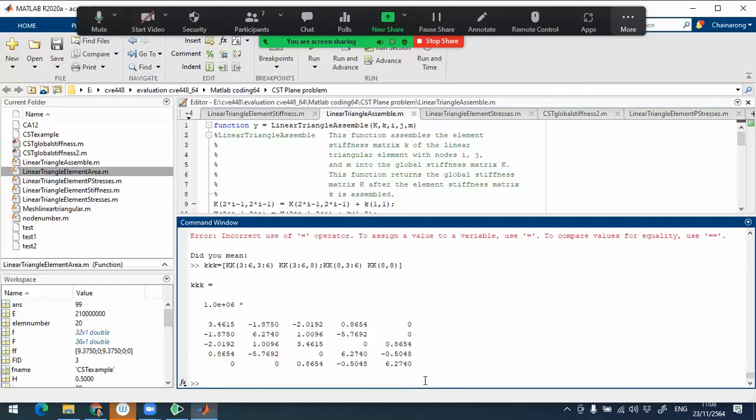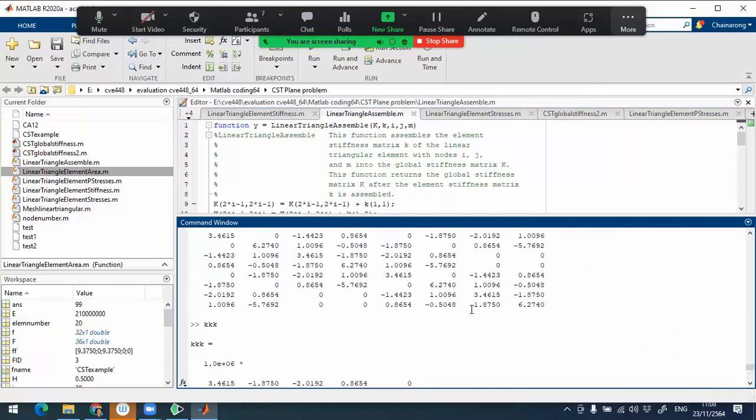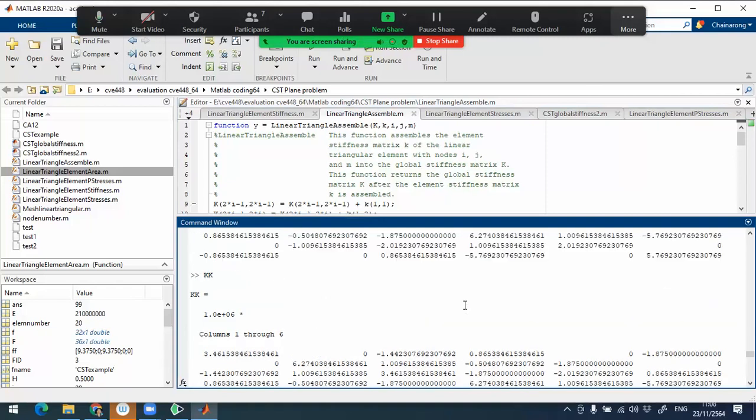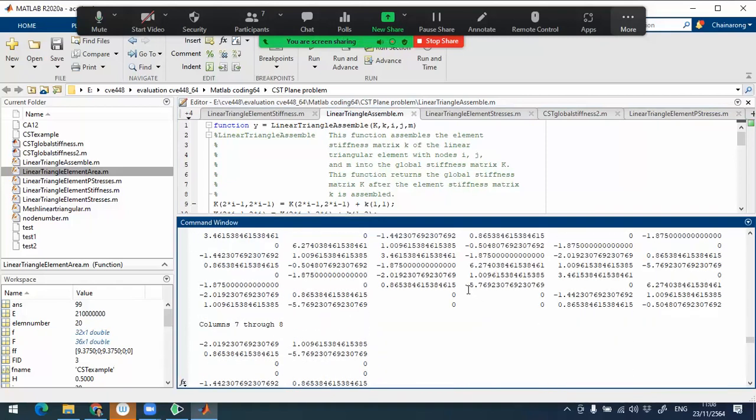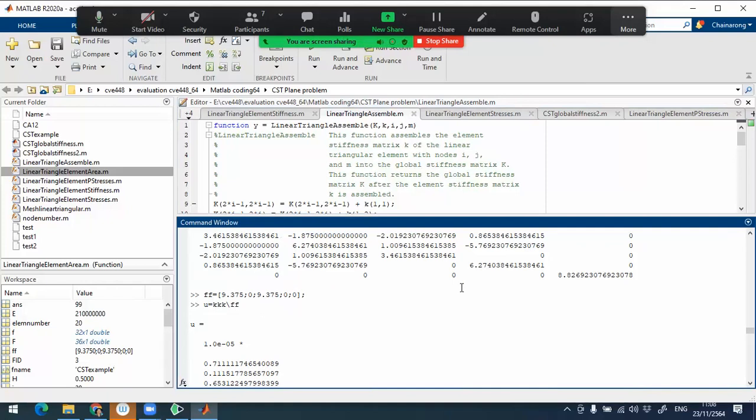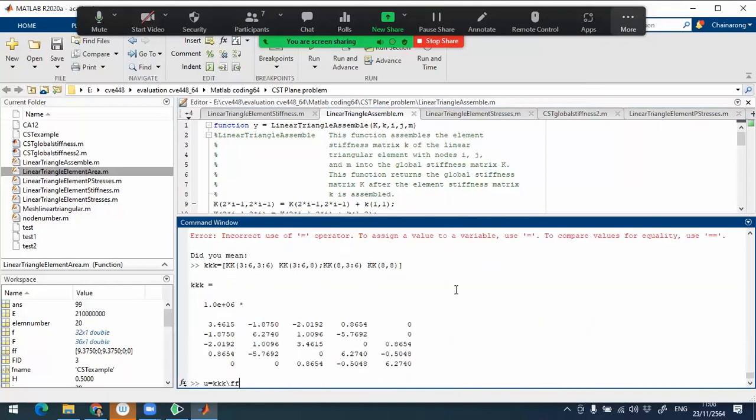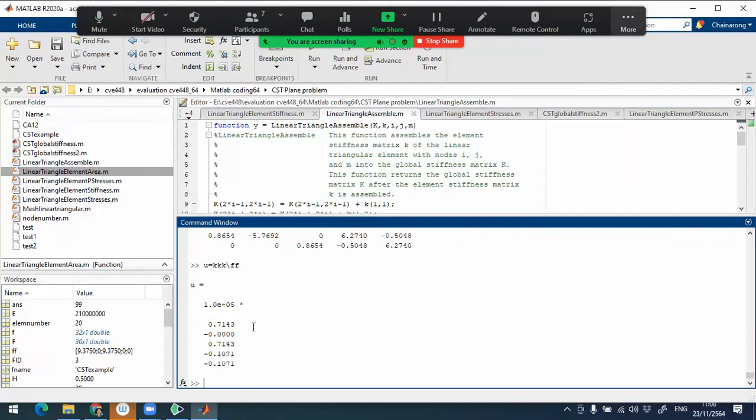It should be all right now. Okay, we have the statement after applying the boundary condition, and then we find the displacement. Displacement is equal to KKK, FF, right? Okay, sorry about the mistake. Let's find the solution.